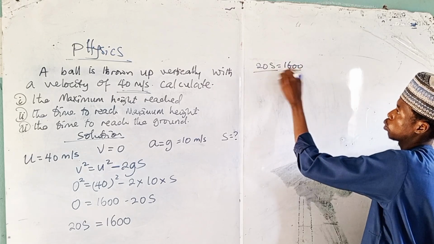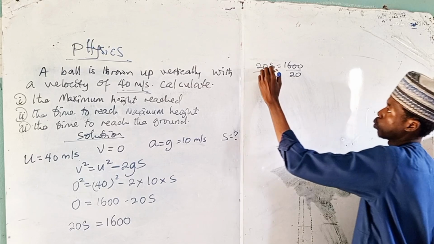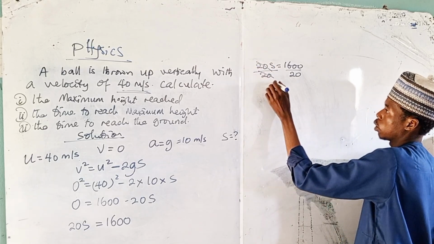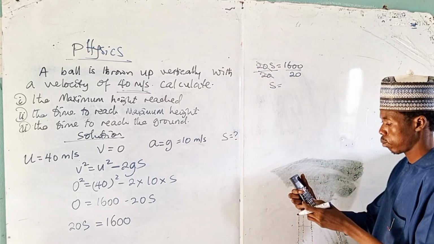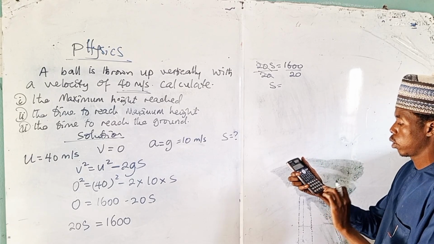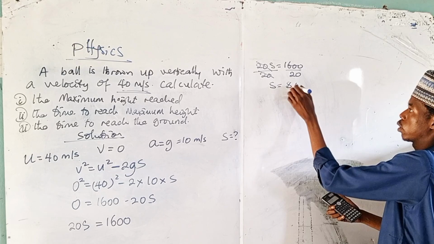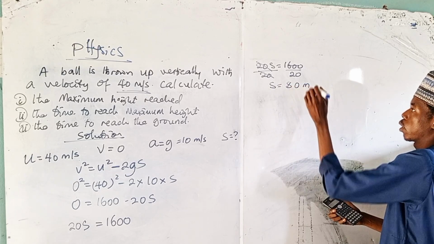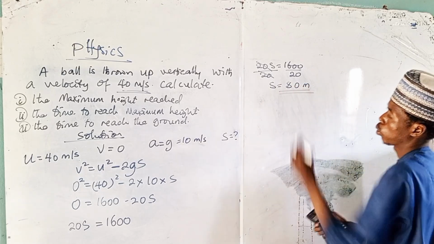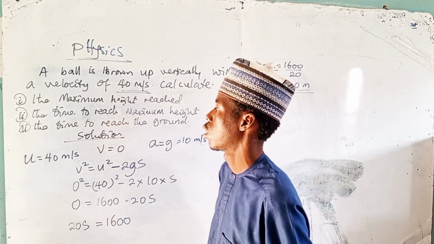So divide by 20, divide by 20. 20 cancels 20. Now s equals 1600 divided by 20, which will give us 80 meters. 80 meters. So now we find the maximum height reached.